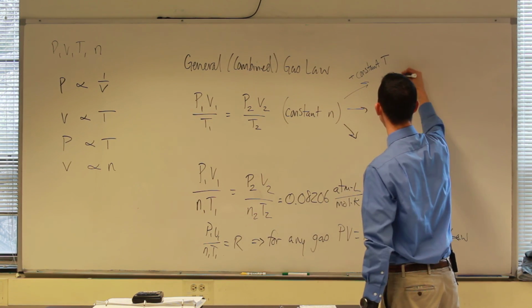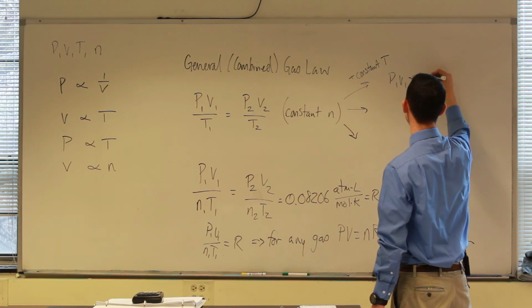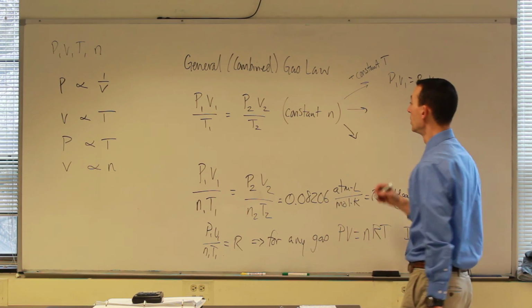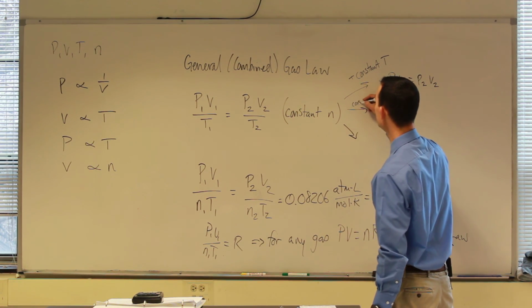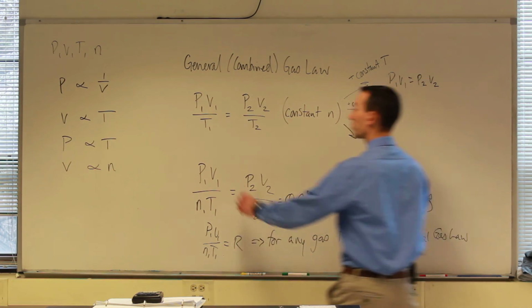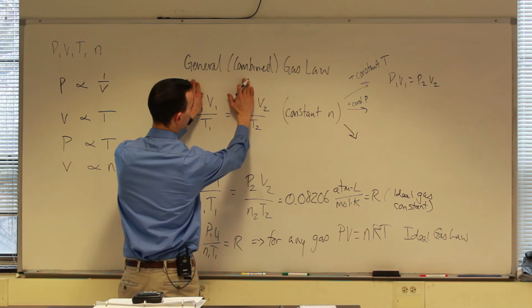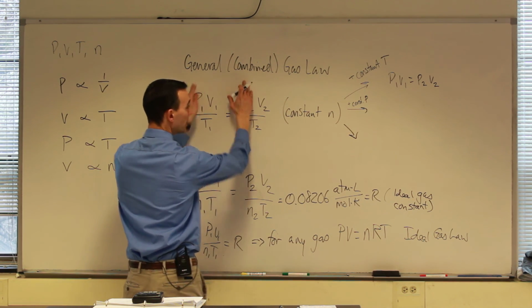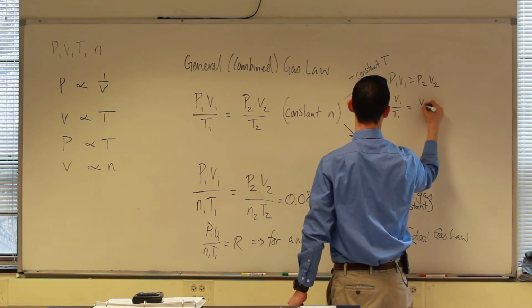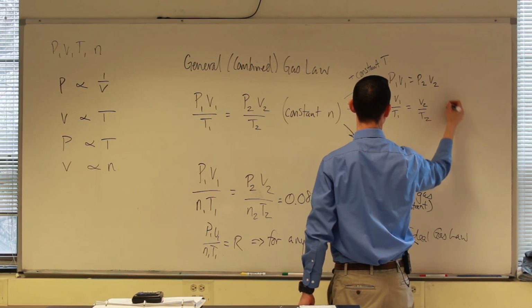And you would have P1 V1 equals P2 V2, known as Boyle's law. Or if you held instead constant pressure, if the pressures were held constant for 2 trials of studying your gas, you would condense this to V1 over T1 equals V2 over T2.